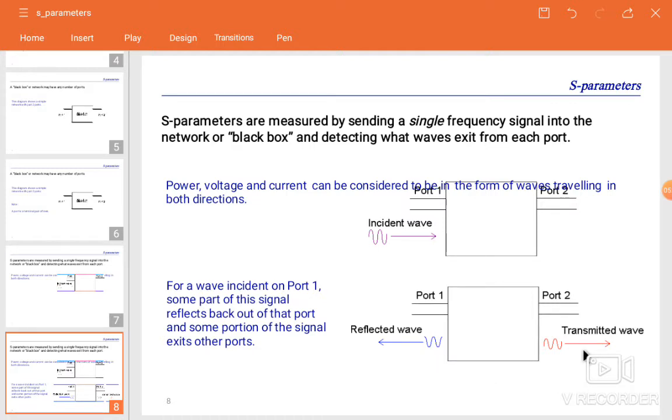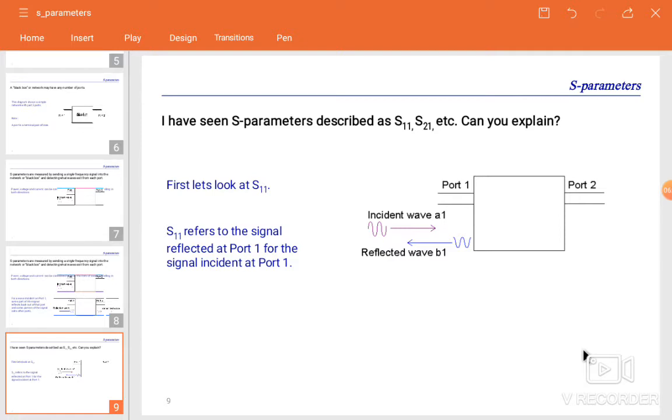For a wave incident on port 1, some part of the signal is reflected back out of this port, and some part of the signal exits from the other port. So the S parameters are described as S11 and S21; a two-port network can be explained here. First let's look at S11.